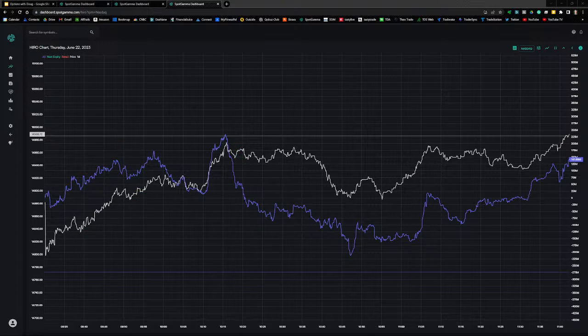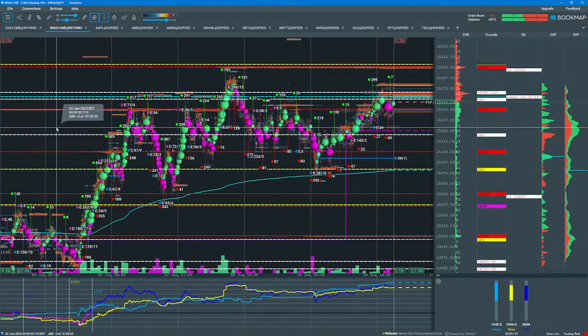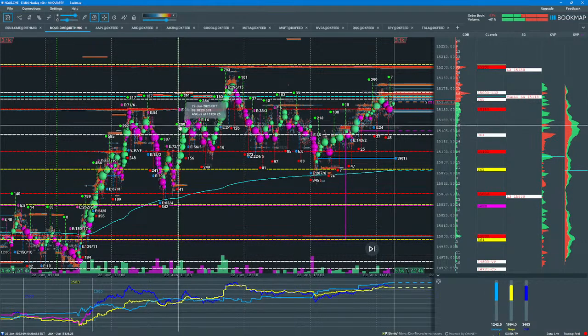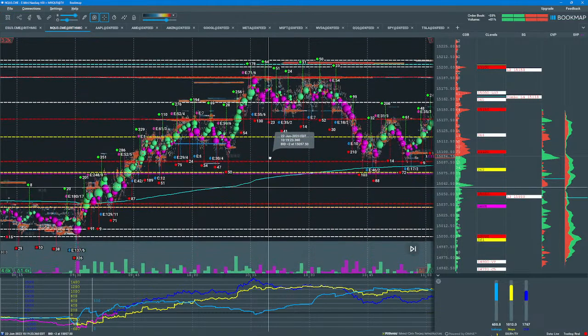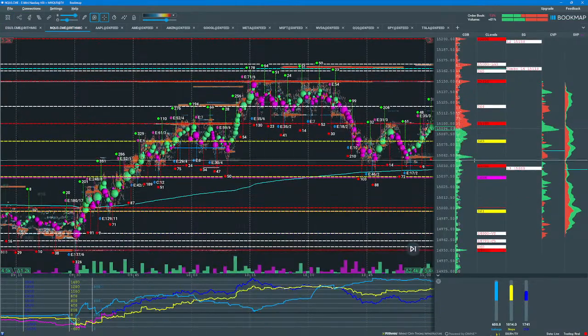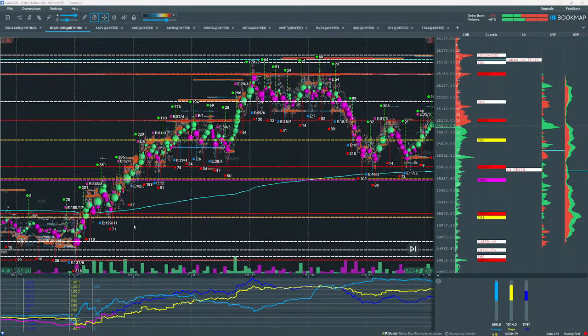All right, so let's go take a look at Bookmap. Zoom in on the morning session, really just these first two setups. So here's the blast off from the 14,800 volatility trigger NDX, right at the cash open.